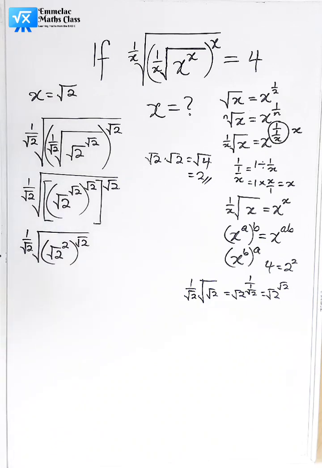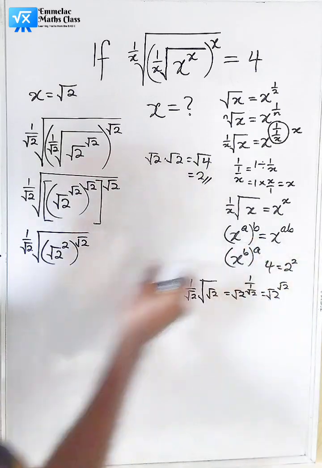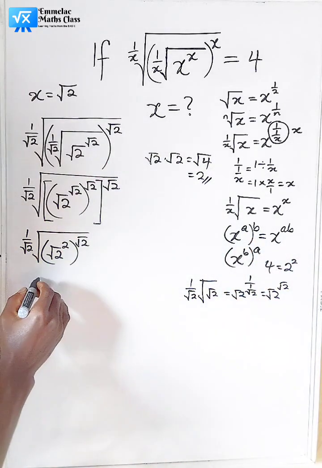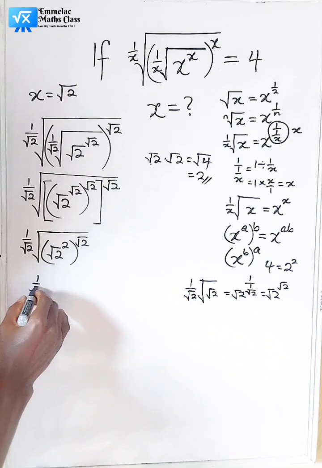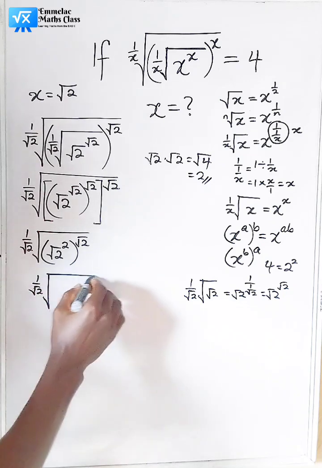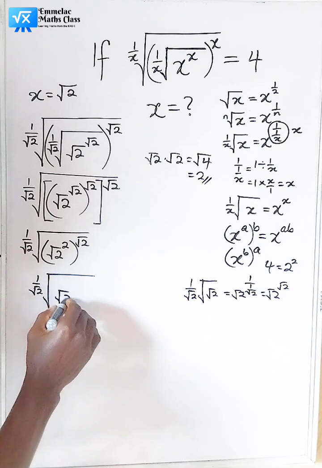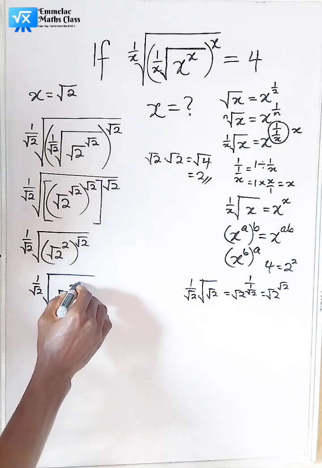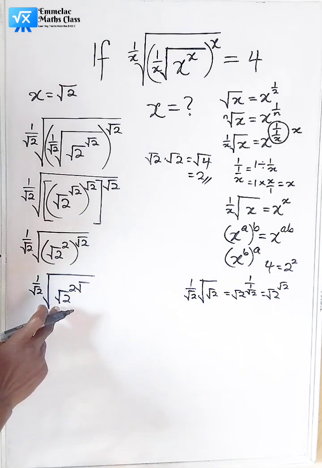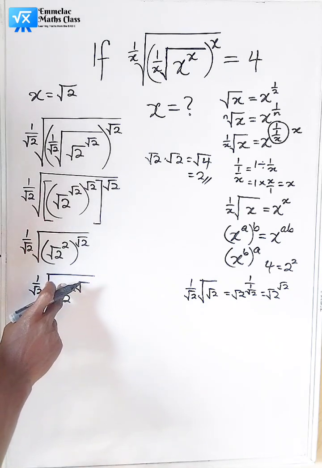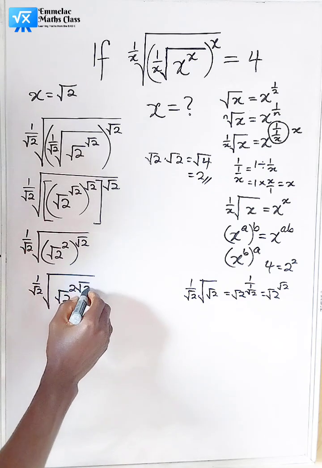Okay, all right, so to this end, still applying this rule here, then we have 1 all over the square root of 2, then here we have the square root of 2 raised to the power of 2 root 2.